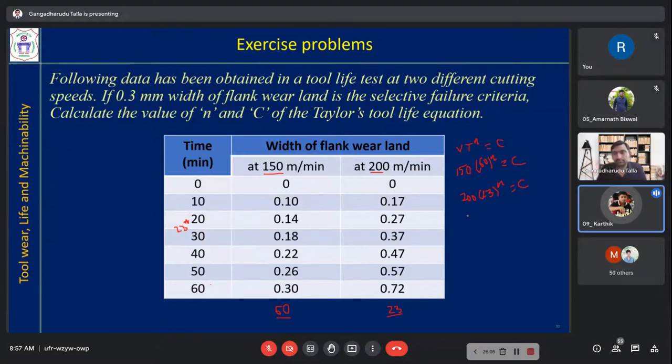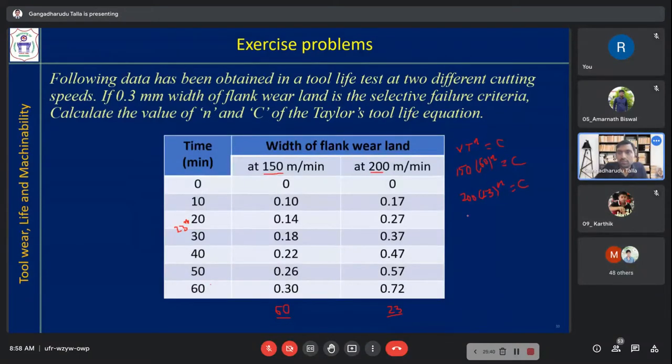N we are getting 0.3, sir. Okay, fine. C: simply put n value in one of the equations. 512.3, sir. 512.3.